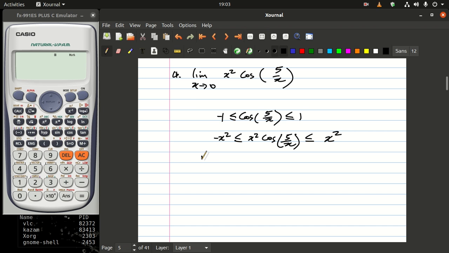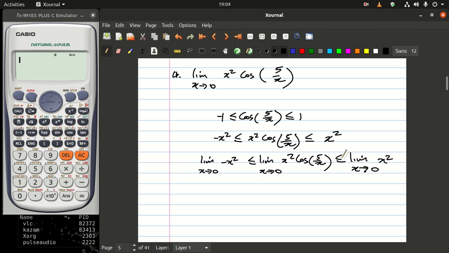And then after that, I can take the limit as x approaches 0 of minus x squared less than or equal to the limit as x approaches 0 of x squared cosine of 5 over x, and then I can take the limit here as x approaches 0 of x squared. Remember that I've just done the same thing of taking the limit of this and the limit of that, but now I'm just doing it in a series of steps.